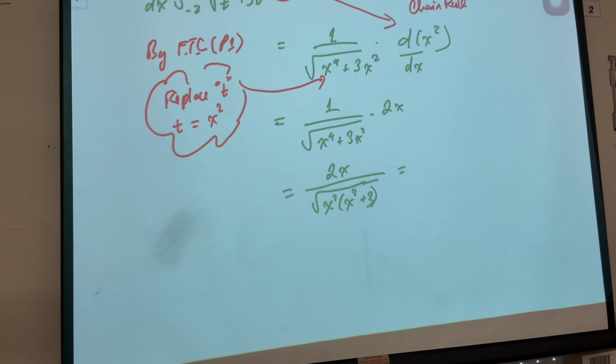Then what next? We simplify. You have to simplify it. What next? You're going to take the x out because of the square root. What is the square root of x squared? Wait, what? What is the square root of x squared?